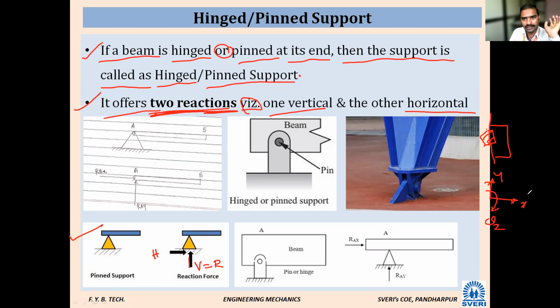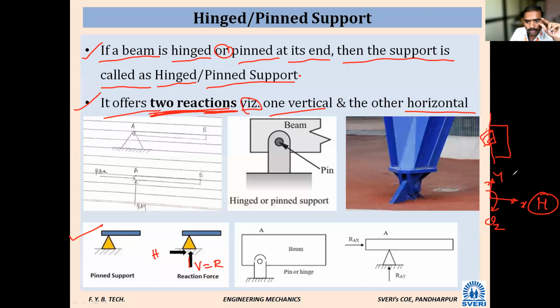So consider your door or window. Is the door moving in X direction? No, it is fixed. Yes, it will rotate, but it will not move in X direction, which means a horizontal reaction will develop. Does it move in the vertical direction?